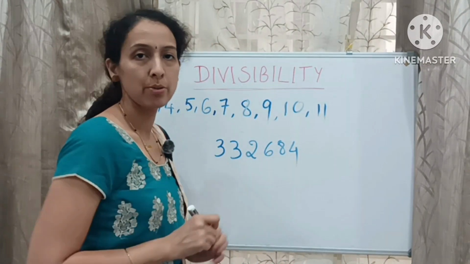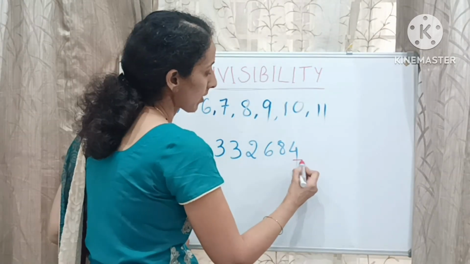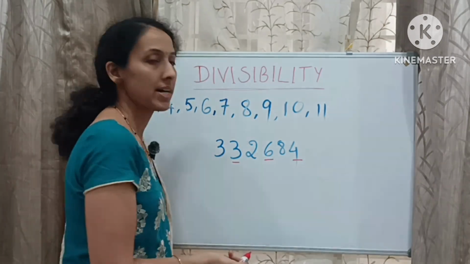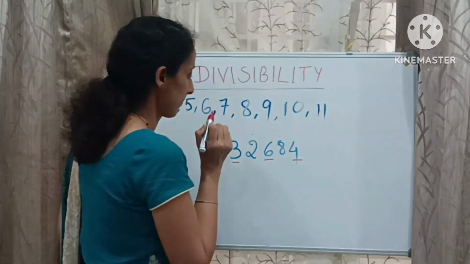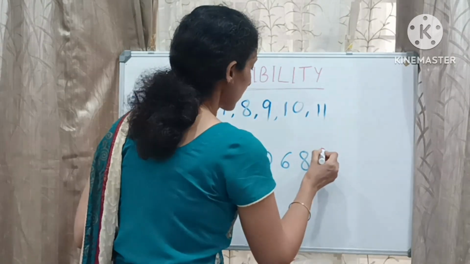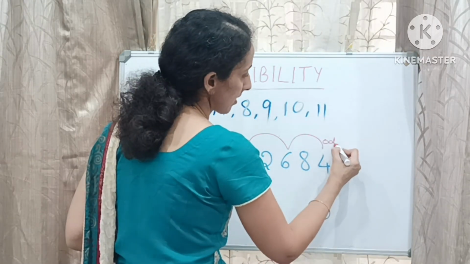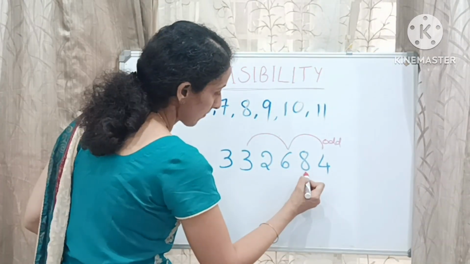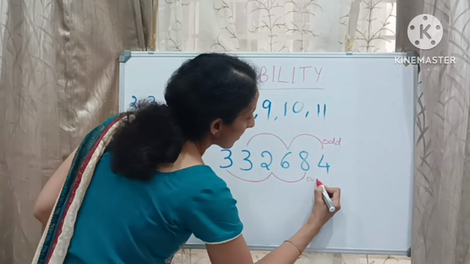First thing we have to do is identify the odd places and identify the even places. Let us take the digits in odd places, that is 4, 6 and 3, and the digits in even places 8, 2 and 3.